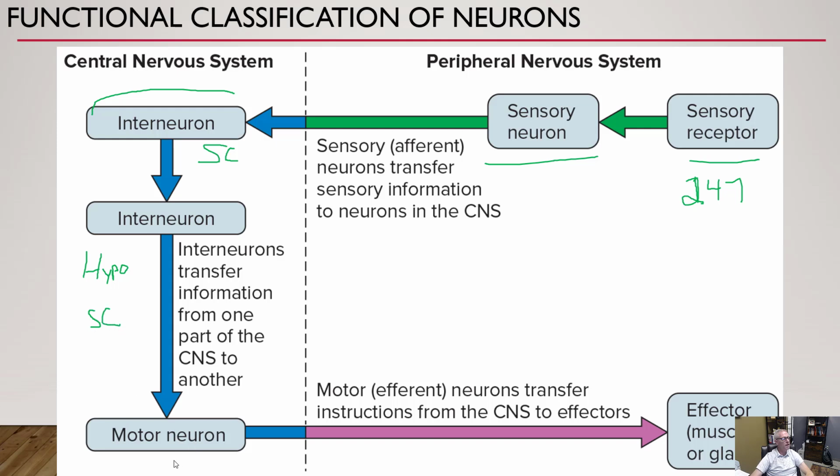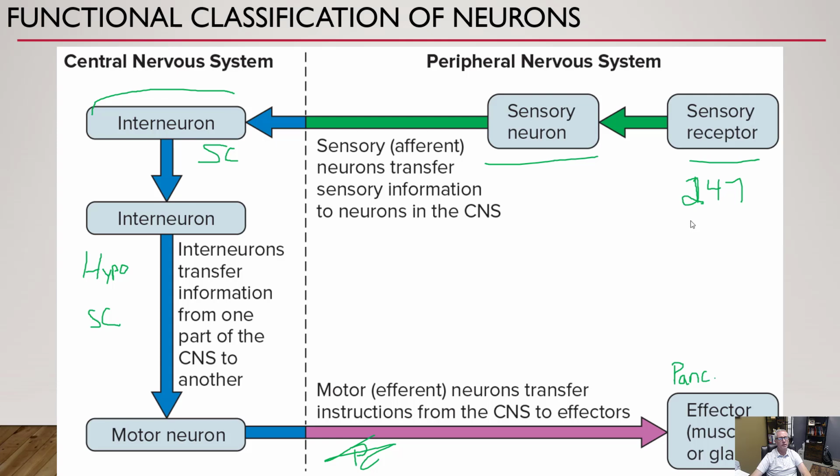And then we would have a motor neuron that goes from the spinal cord down to the pancreas to dump out some insulin. And then this whole process would get repeated until our blood glucose level is within a normal range.